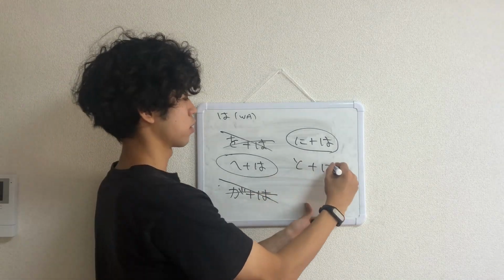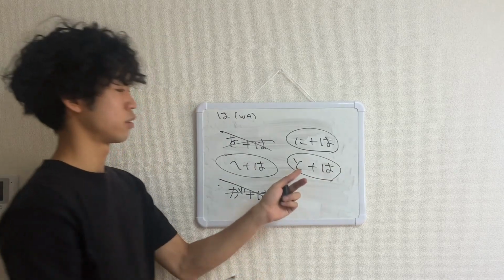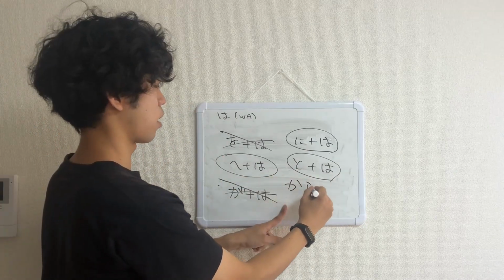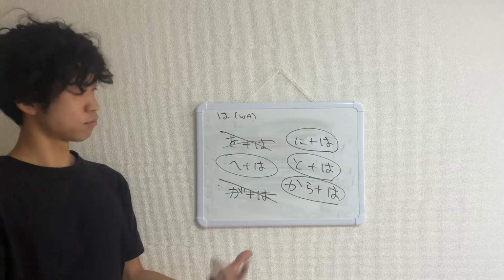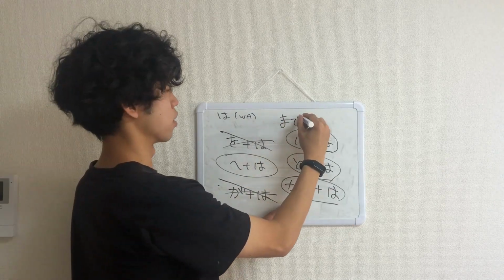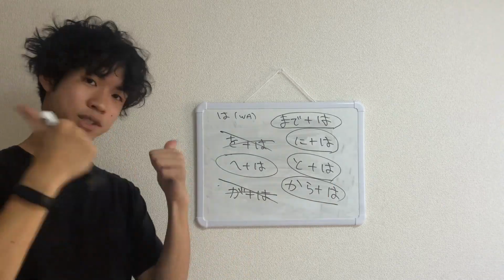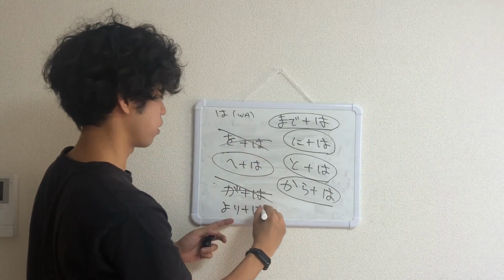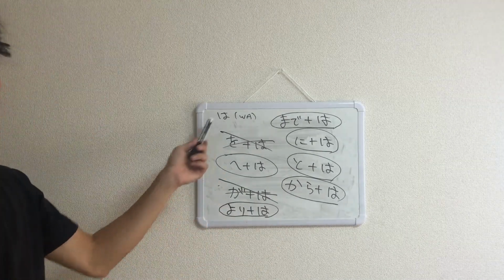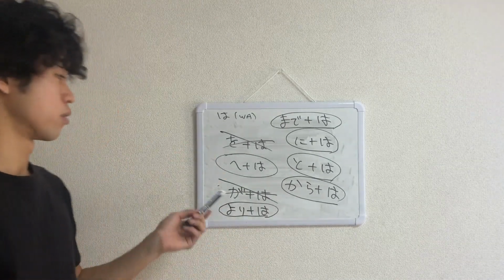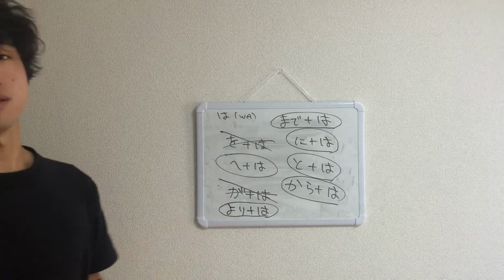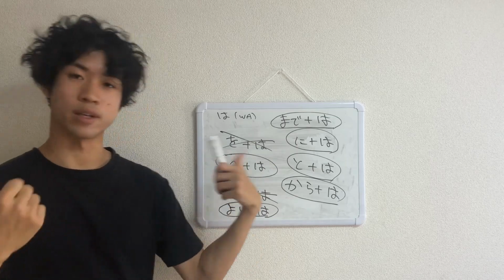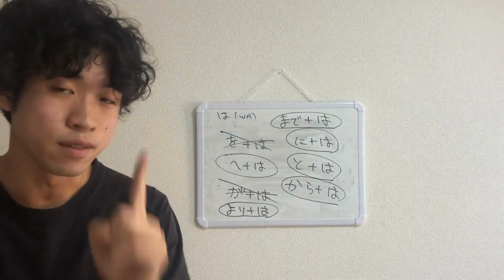To wa, exotic. Kara wa, made wa, good. And yori wa, good. So you cannot go with o wa, no, or ga wa, no. E wa, okay. Yori wa, okay. Made wa, okay. Ni wa, okay. To wa, okay. Kara wa, okay.